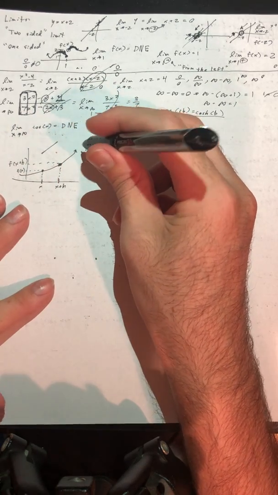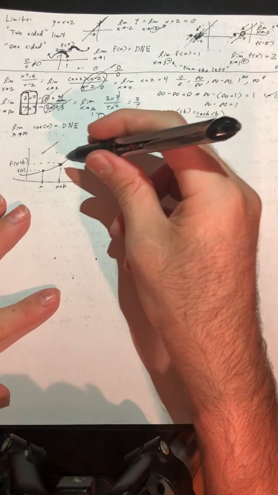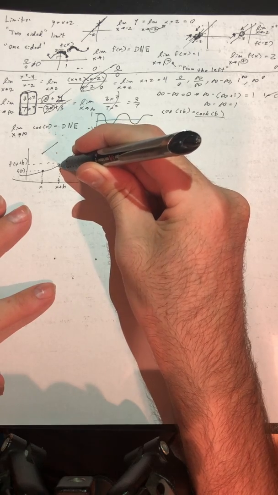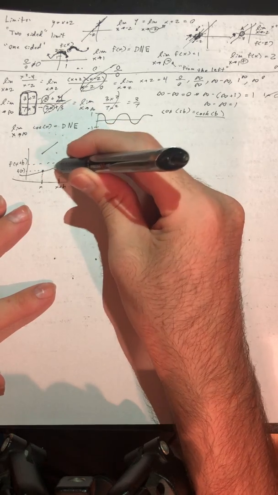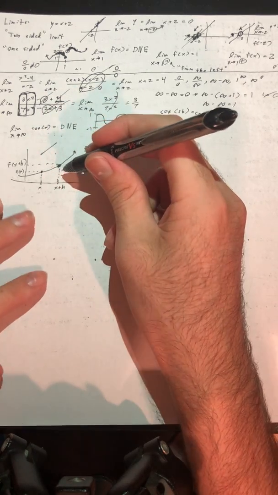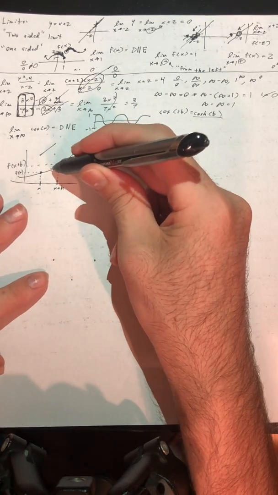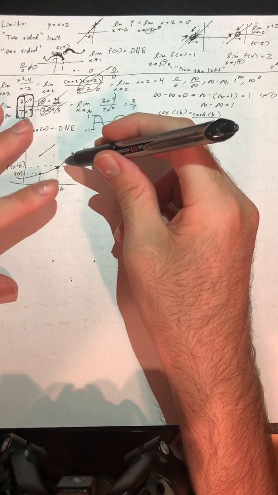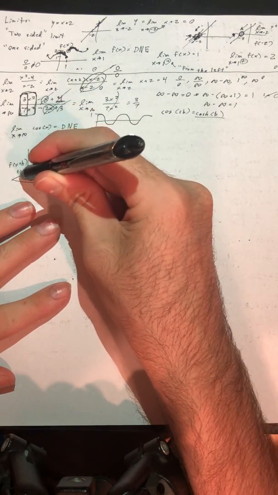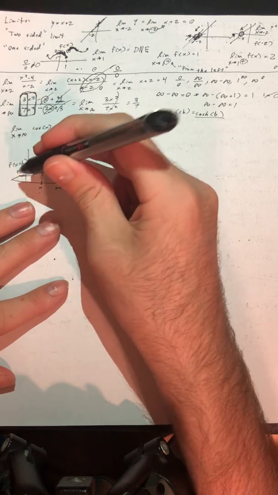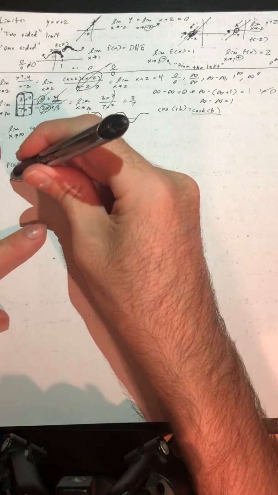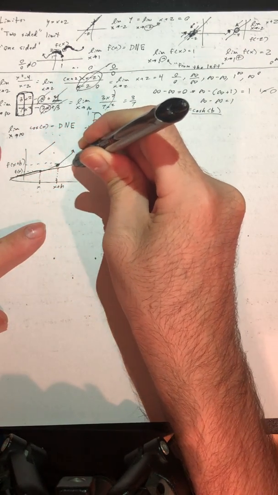So what we do is we say that the slope of this graph at any particular instant is defined as the slope of the line tangent to the graph at that particular instant. So if we want to find the slope of this graph here at x, we would want to find the slope of the line tangent to the graph at x.